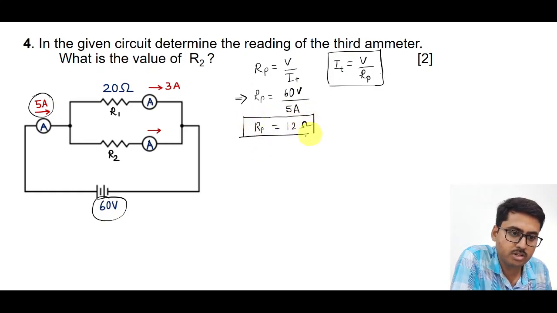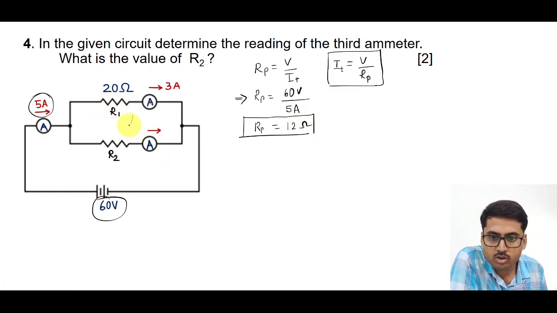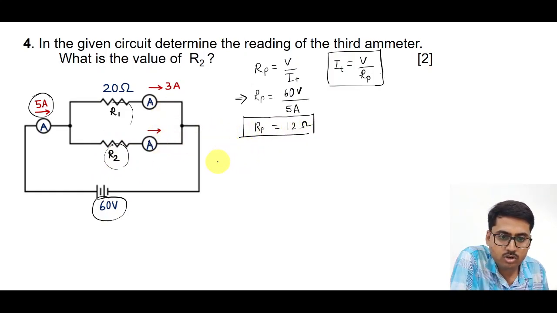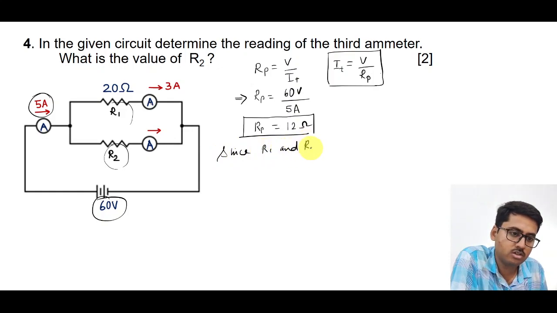So what does this mean basically? The equivalent of R1 and R2 is 12 ohm. Since R1 and R2 are in parallel, we can use the formula 1 by RP is equal to 1 by R1 plus 1 by R2.